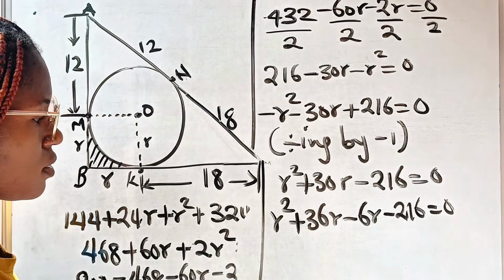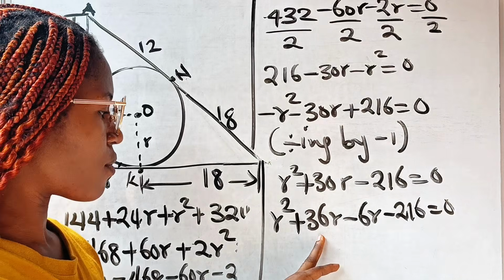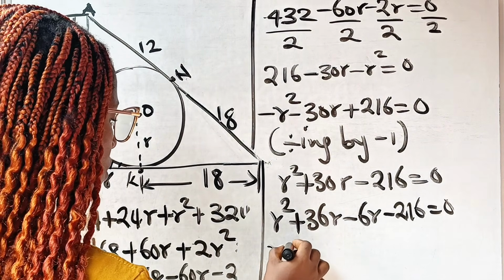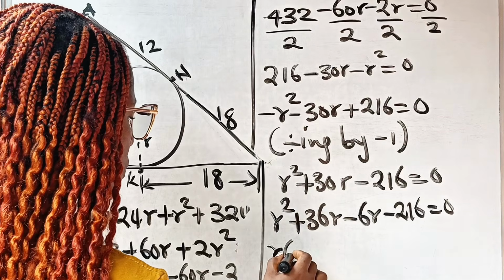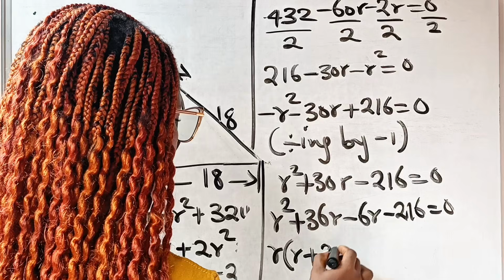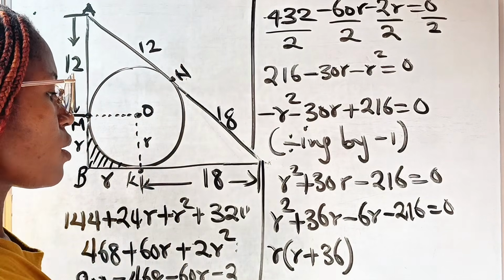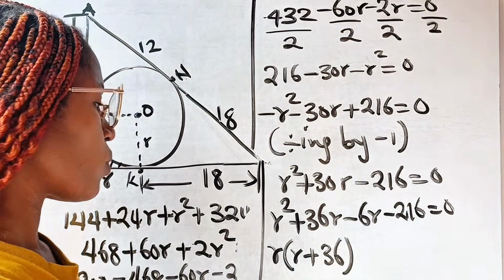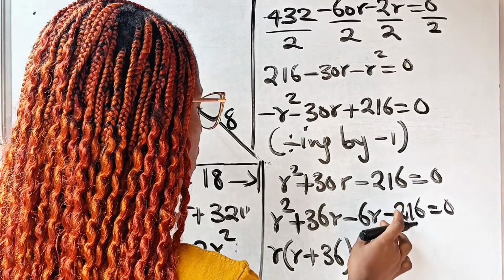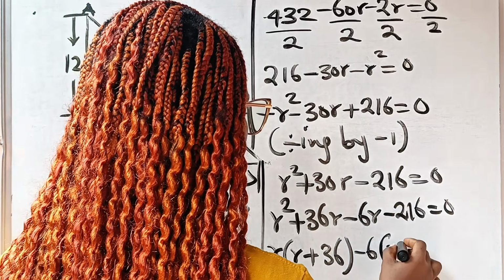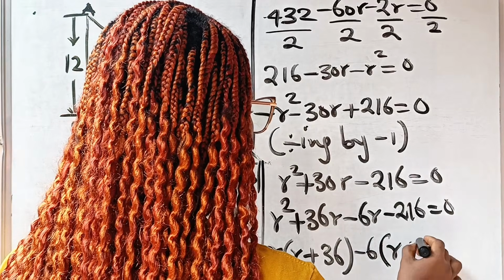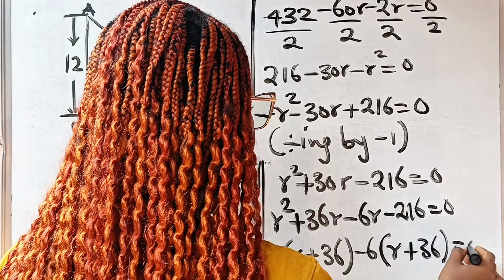Now factorizing, this and this, they have r in common, so we bring out r: r squared divided by r is r, plus 36r divided by r is 36. Now here we have -6 in common, so we have -6. Now -6r divided by -6, we have positive r, minus 216 divided by -6 will give you plus 36, is equal to 0.